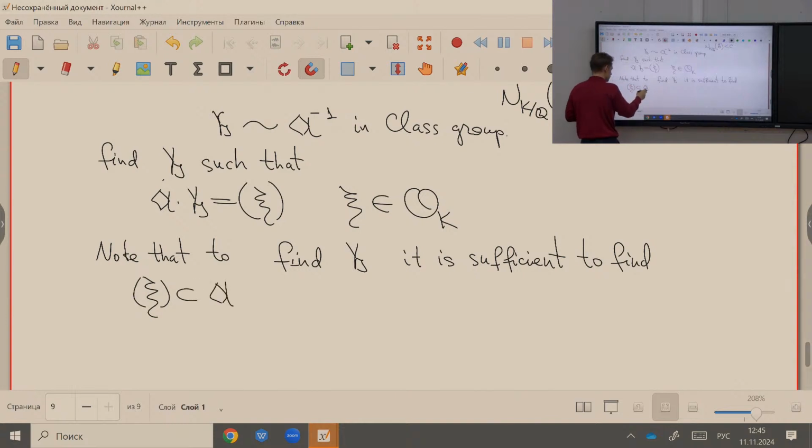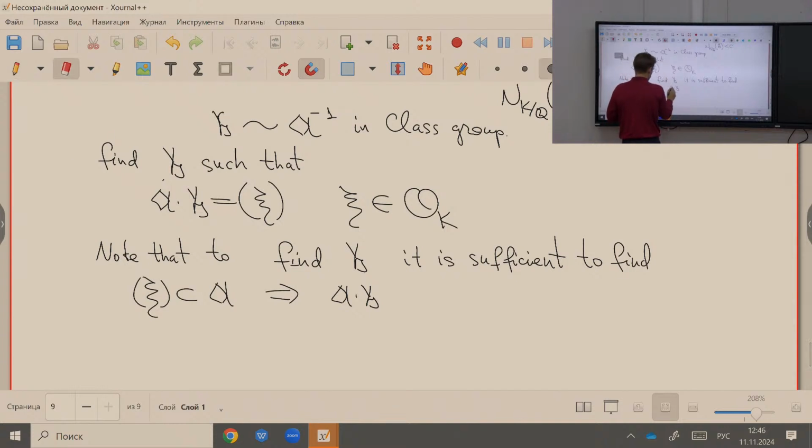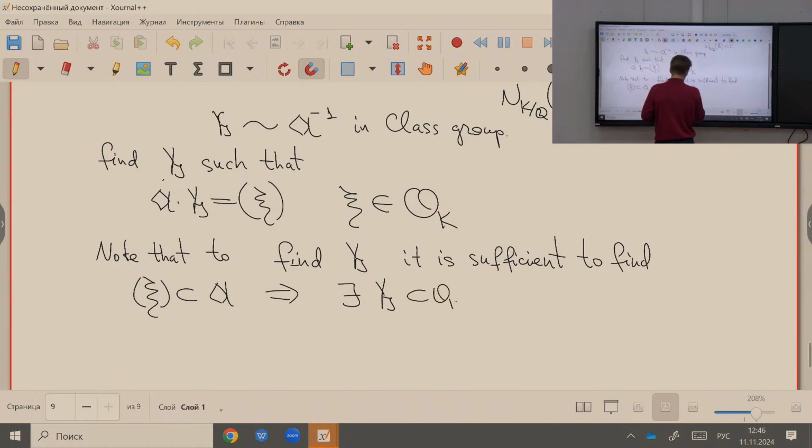Yes, since this implies that A times B, so there exists B such that A times B is equal to psi. I shall recall this property explicitly.